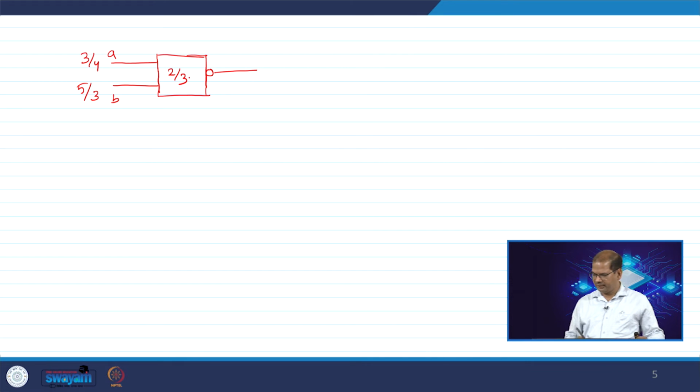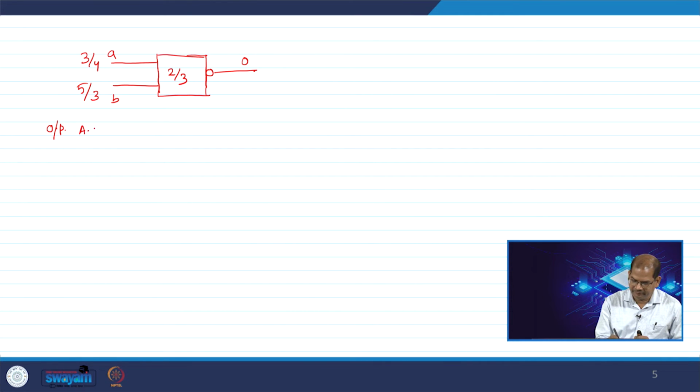Then I have to find out the output arrival time at this point, let us say O. So, how can I find the output arrival time? I need to find the output arrival time rise.